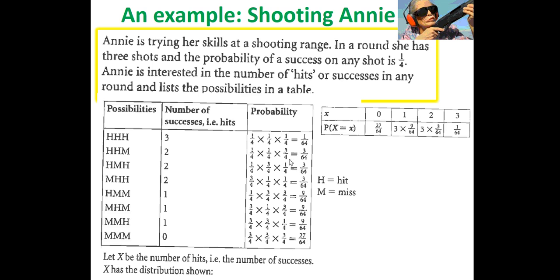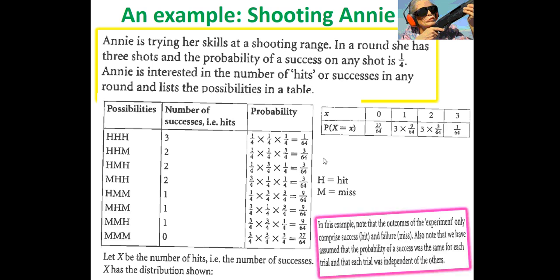But there were 3 different versions of one success, and they all had the same probability, so it's 3 times 9 over 64. There were 3 different versions of 2 successes, with the same probability, so 3 times 3 over 64, and only 1 version of 3 successes. That's how you could work it out.